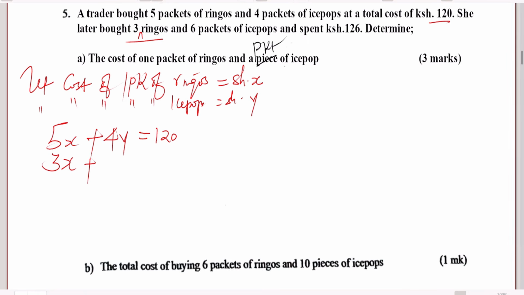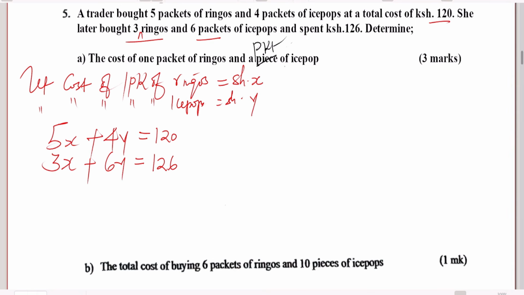And then 6 packets of ice pops will be 6 times y, and that will give a total cost of 126. So having these 2 simultaneous equations, you can use any suitable method to solve them. You are solving for X, which is the cost of 1 packet of Ringos, and Y, which is the cost of 1 packet of ice pop.